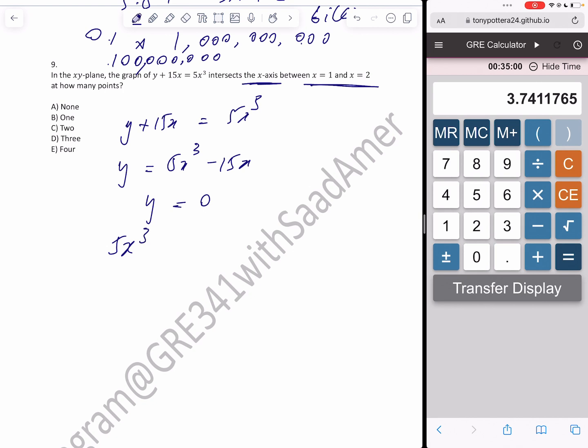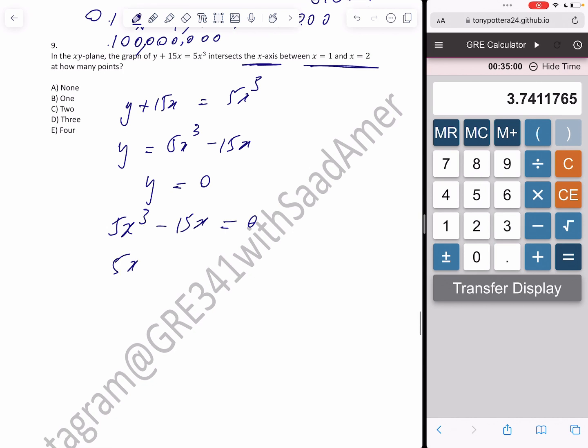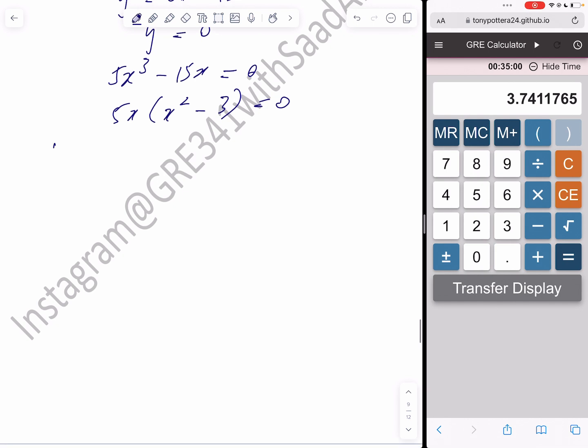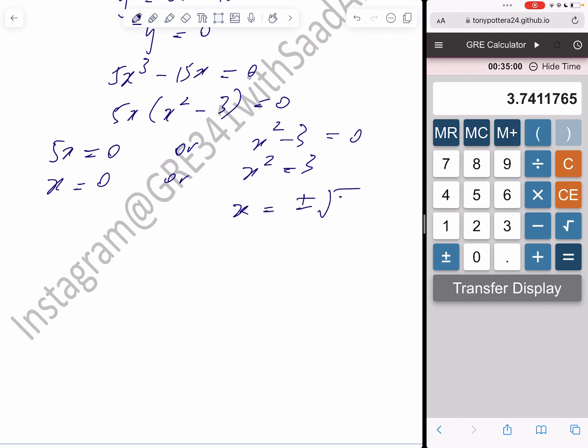So 5x cube minus 15x is equal to 0. 5x times x square minus 3 is equal to 0. So 5x is equal to 0, or x square minus 3 is equal to 0. x is equal to 0 over here, or x square is equal to 3. x is equal to plus minus under root 3.